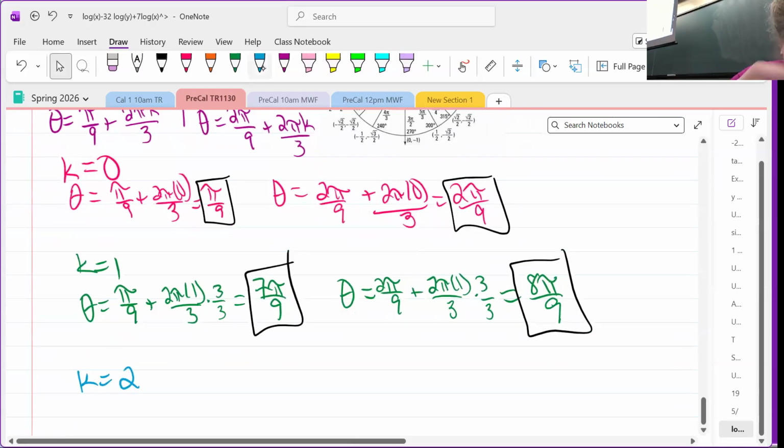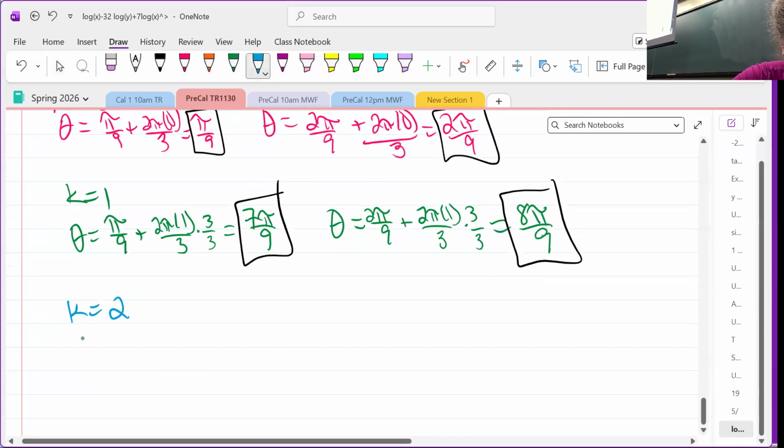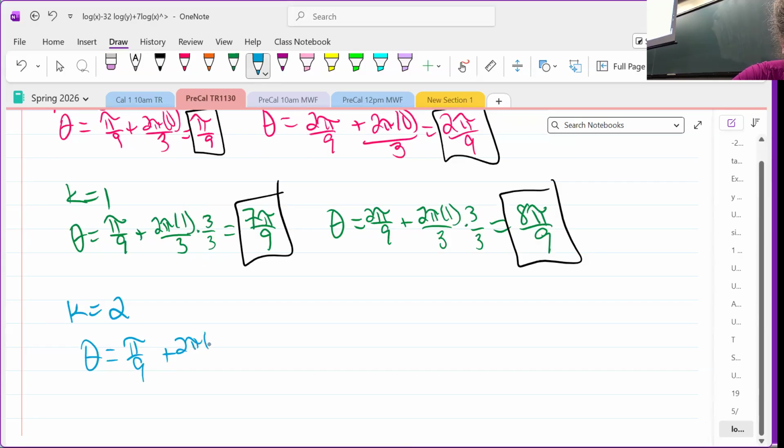But WebWork had to be a little extra, so we've got to do it one more time with k equals 2. So pi over 9 plus 2 pi times 2 over 3 still needs a times 3 over 3. So 12 pi over 9 plus pi over 9 is 13 pi over 9.